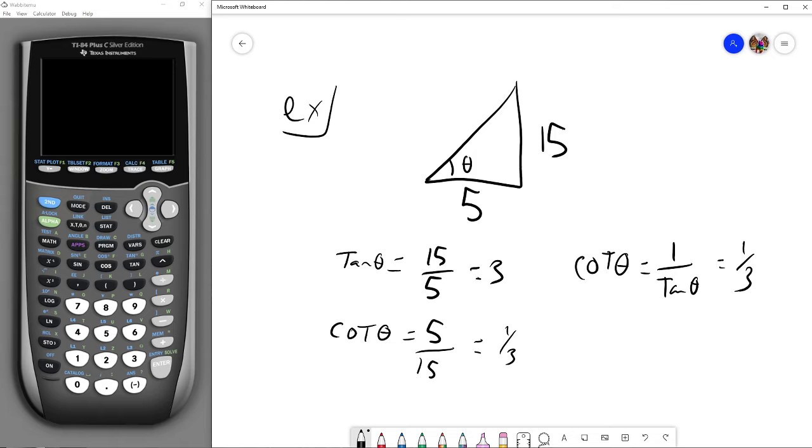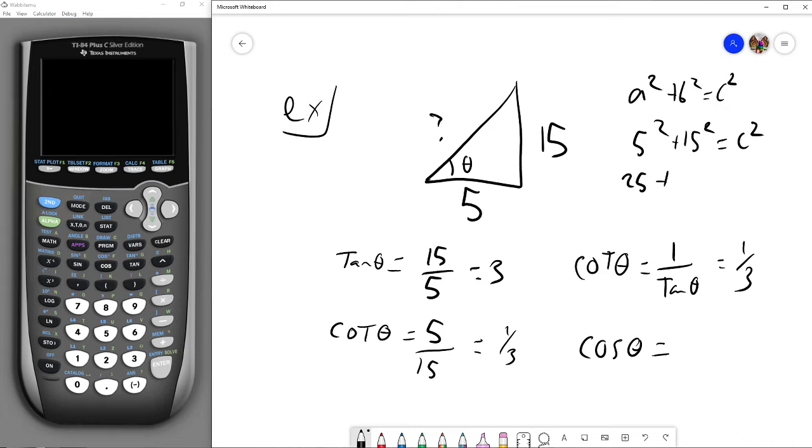Now if we want to figure out what cosine theta is, well, it's adjacent over our hypotenuse. We have to figure out what the hypotenuse is. So we can use the Pythagorean theorem, a squared plus b squared is equal to c squared. So 5 squared plus 15 squared equals c squared. 5 squared is 25. 15 squared is 225.